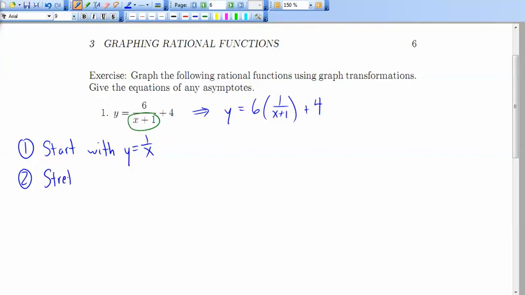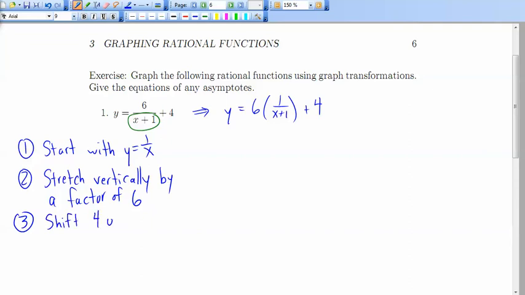Stretch vertically by a factor of 6. And then we've got some shifts. We're going to go 4 units up and 1 unit to the left. Now that's going to move our asymptotes, so we'll pay very close attention at that stage.